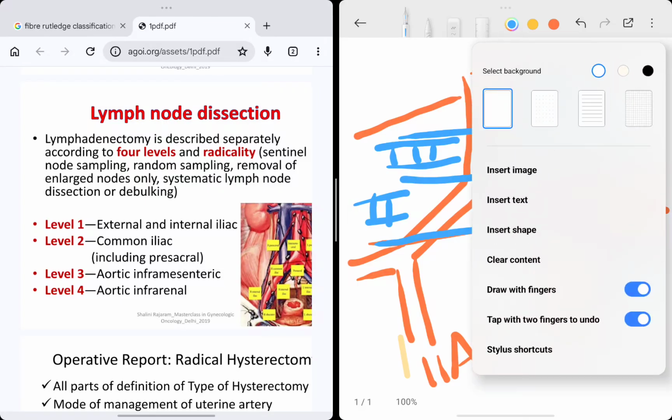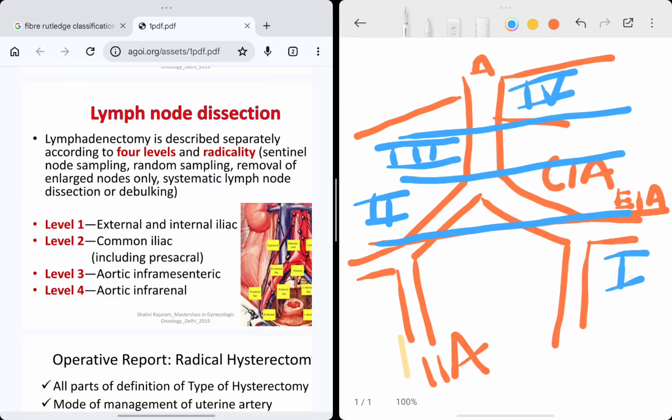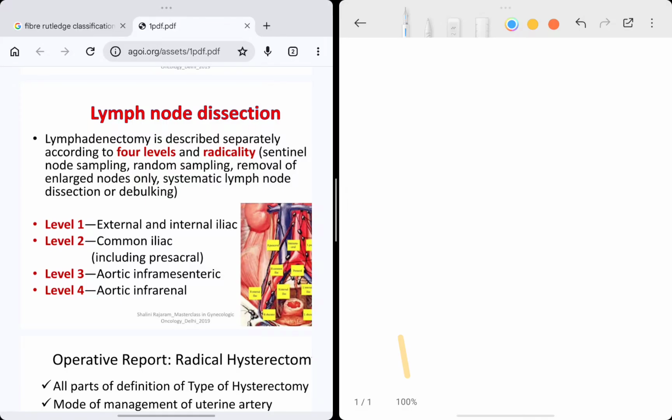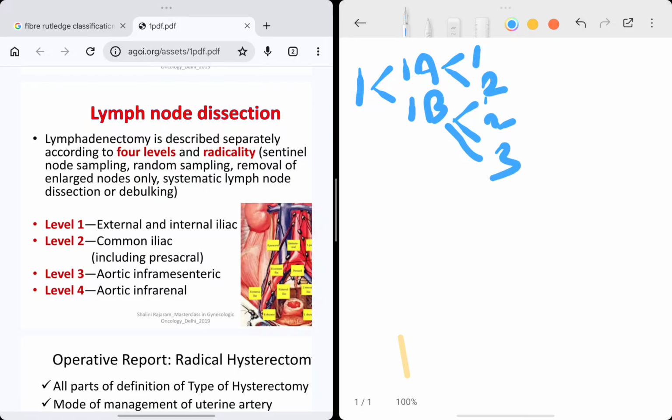Now coming to the management based on the stage for cervical cancer. The management is dependent on the type or the stage of the disease. We have already seen that stage 1 is divided into 1A, 1B, 1A1, 1A2, 1B1, 1B2 and 1B3.